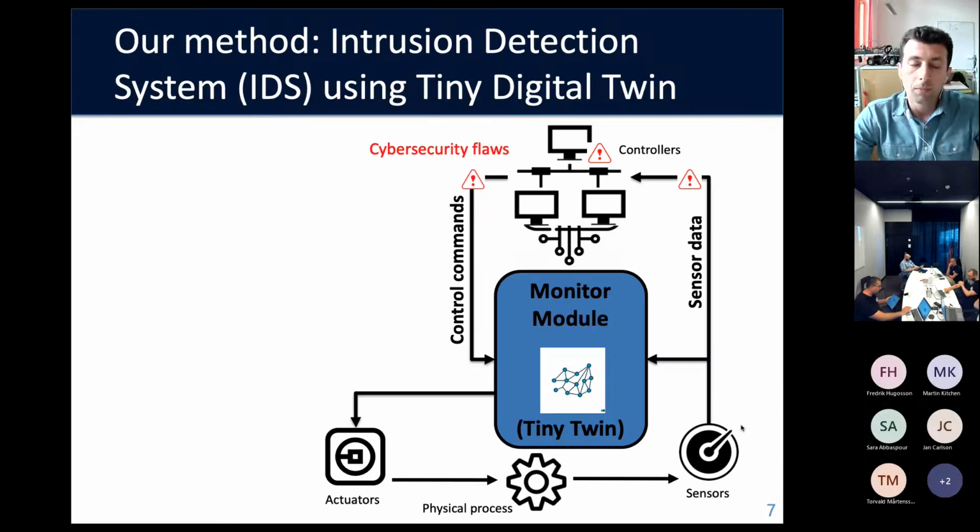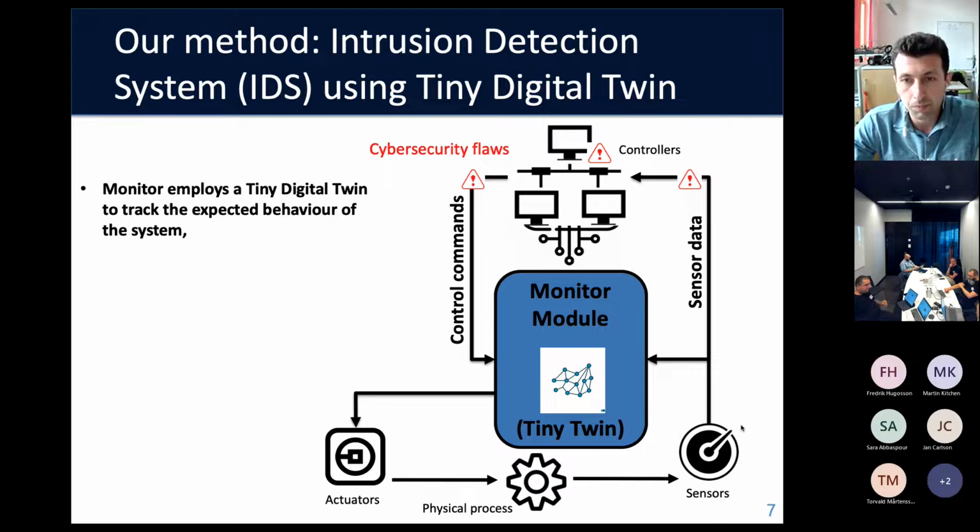The idea is that we develop a monitoring module that is placed in the field layer in the cyber physical systems, where the controllers receive the data from the sensors and send the output commands to the actuators. This monitor module has a model inside itself and follows the behavior based on this model.